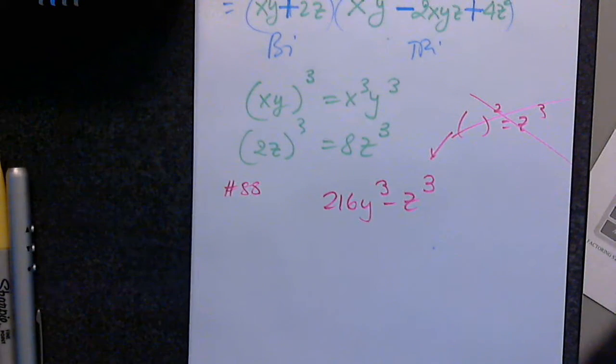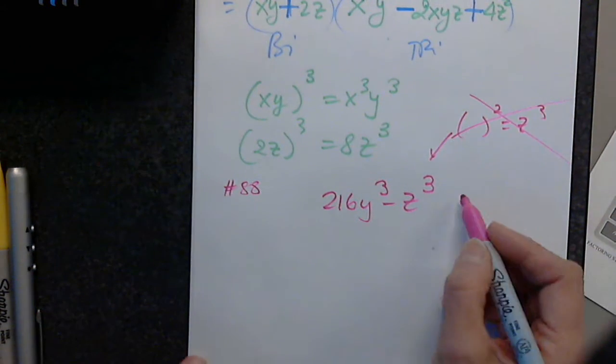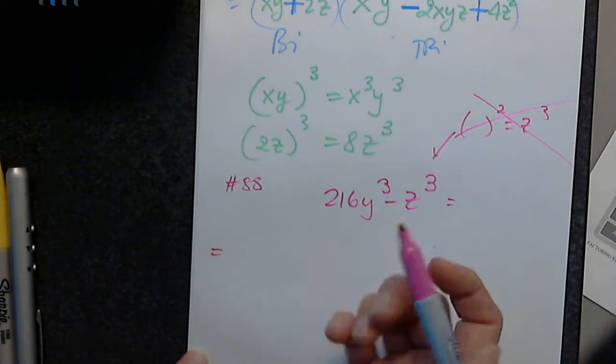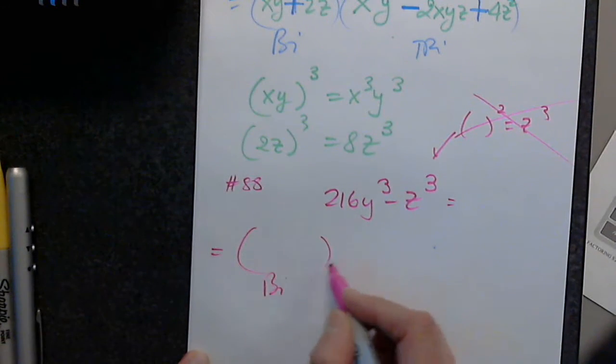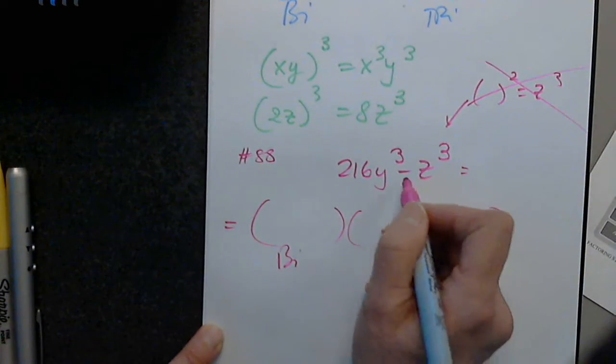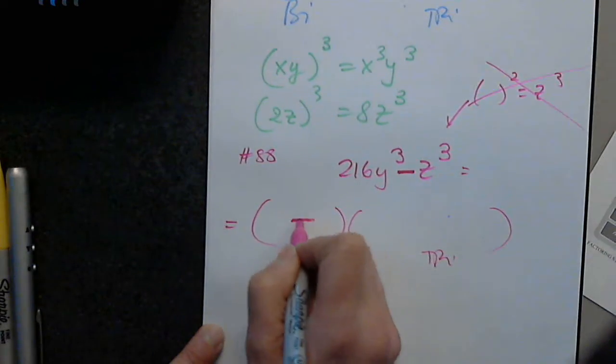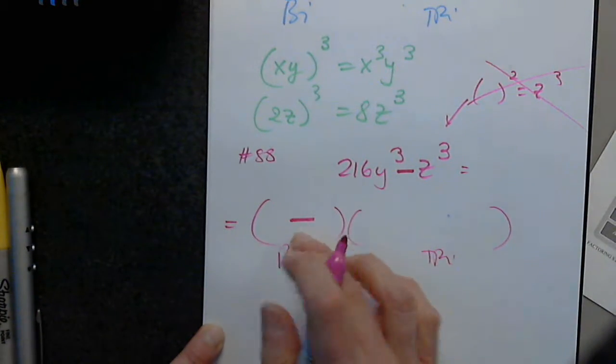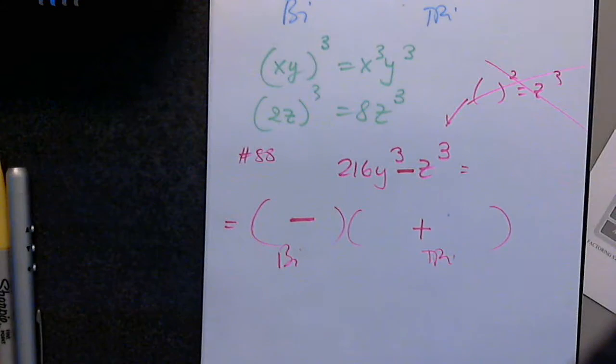It doesn't exist. So obviously it's the difference of cubes. Binomial, trinomial. If this is the difference, this must follow the same sign, and the middle has to be positive. And the last one we don't even talk about, it's always positive.